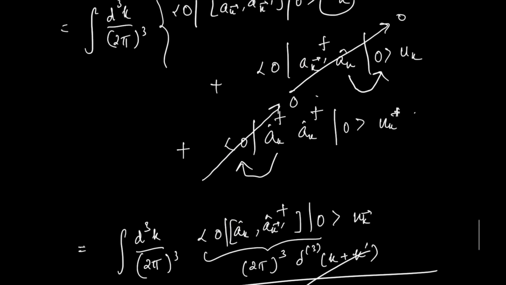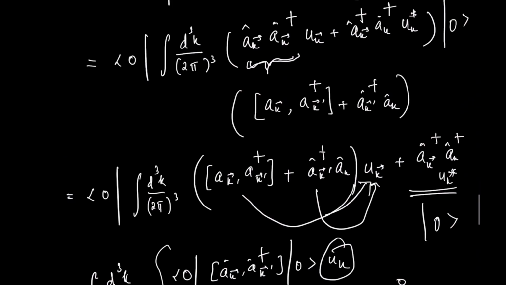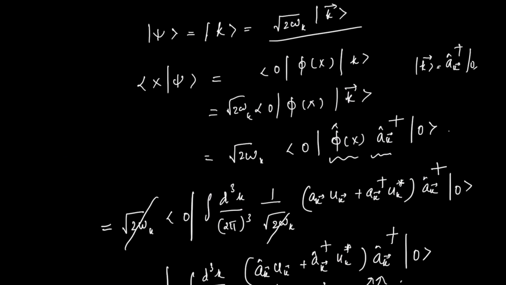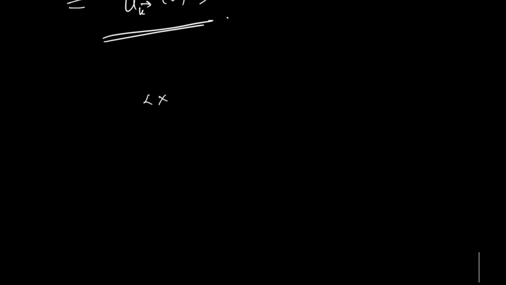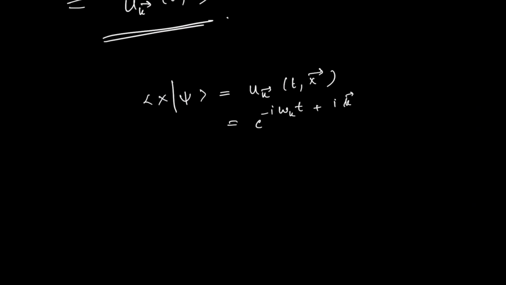Okay, so what we were finding is that the wave function for a pure momentum state will be uk of t, x. Okay, so the wave function in quantum field theory will be e raised to minus i omega t plus i k dot x.